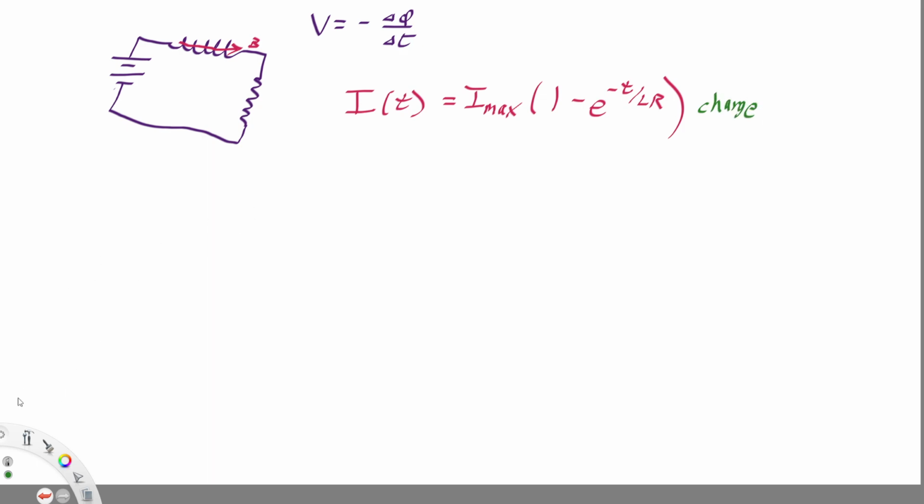And if you're going to discharge, it's exactly the same form, just with voltages replaced with currents.